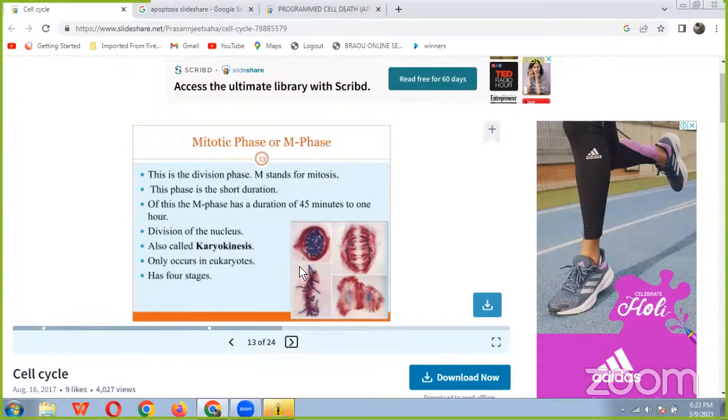In prometaphase, the important thing is that the nuclear envelope breaks down and forms small vesicles. Next, the protein structure, the kinetochore, assembles at each centromere of the sister chromatids.